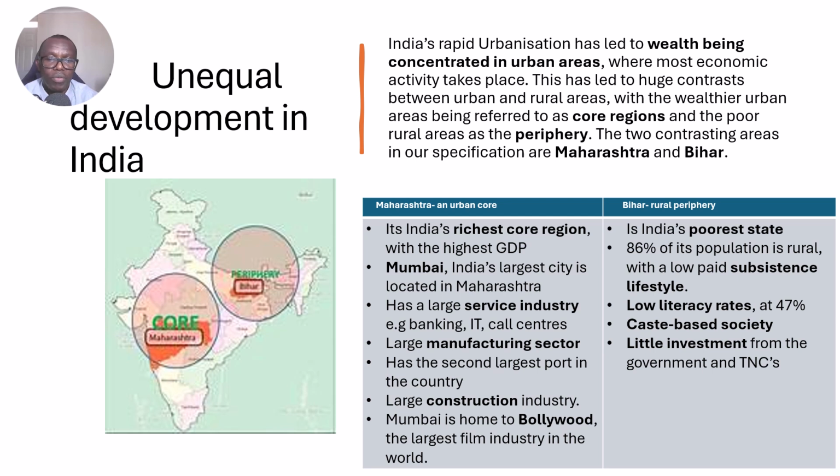In this section, we are going to look at unequal development in India. So India's rapid urbanization has led to wealth being concentrated in urban areas where most of the economic activity is taking place.